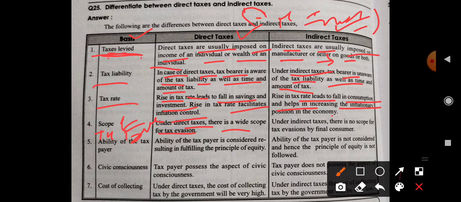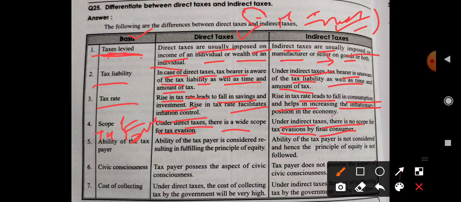So there are many chances of tax evasion, and under indirect taxes there is no scope for tax evasion by the final consumer, because in the product itself the tax amount is already included. So whatever price is paid by the consumer is inclusive of tax, so there will be less chance of tax evasion in case of indirect taxes.